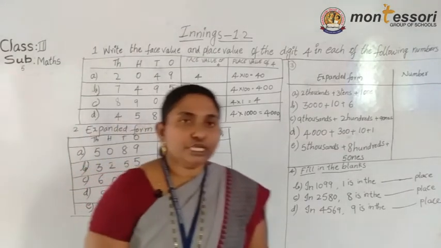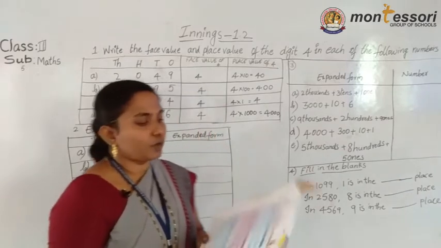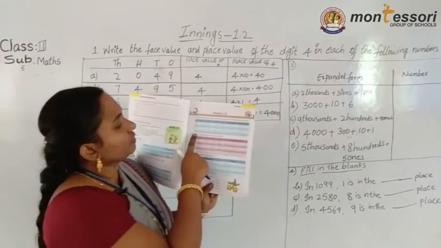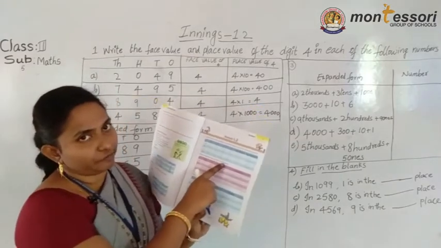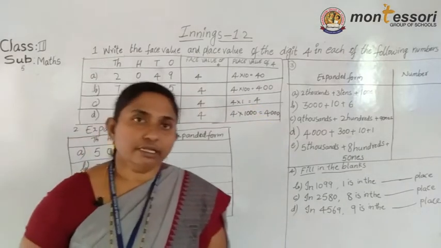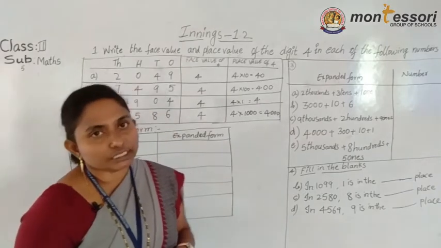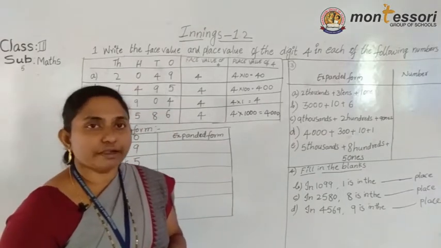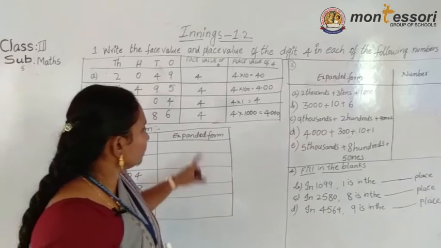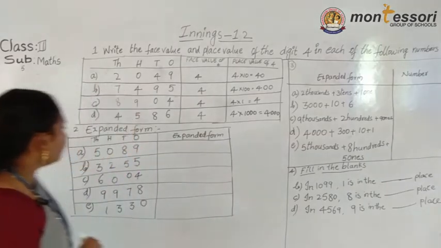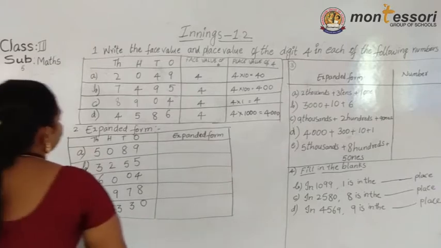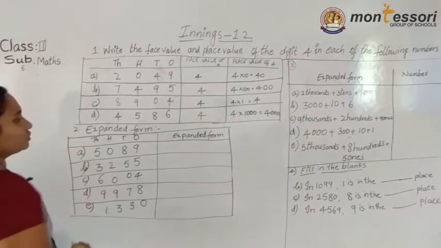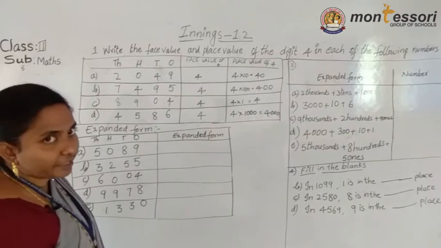Listen carefully. In your textbook, second bit, what is given here? Write the following numbers in expanded form. In the previous video we already discussed expanded form, so now I am explaining in detail. Here 5089. Now I am writing it in expanded form.